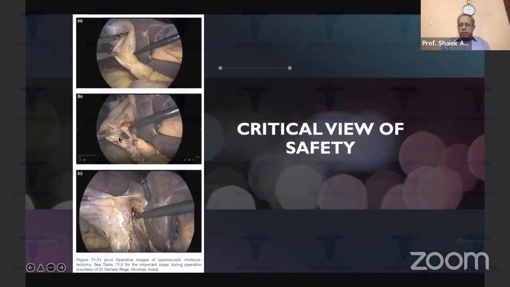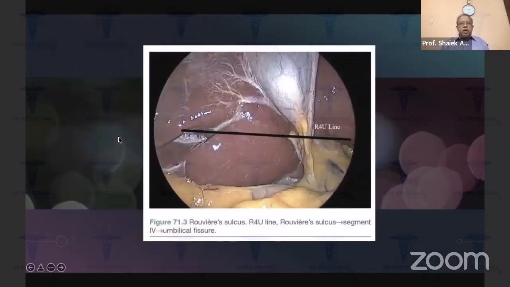Another important landmark is Rouviere's sulcus. In our student life, in the fifth year or after postgraduation, we didn't know the importance of Rouviere's sulcus. But nowadays, safety comes first. For that reason, this landmark is important.